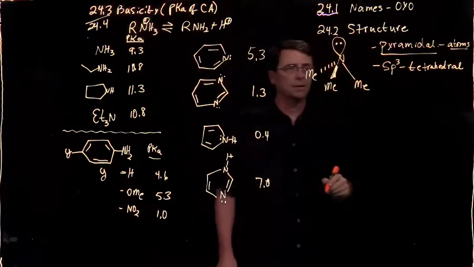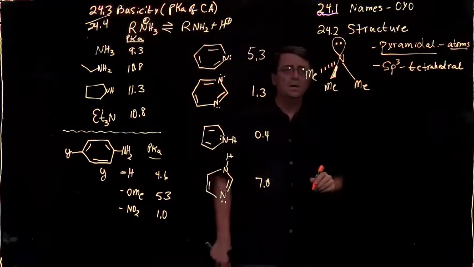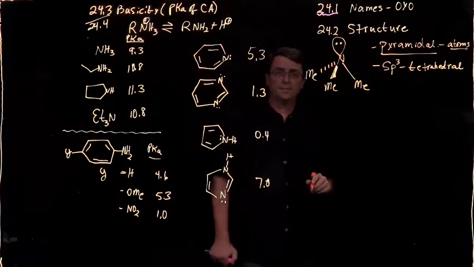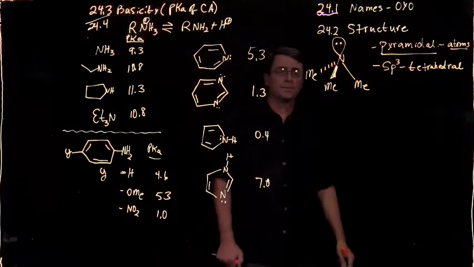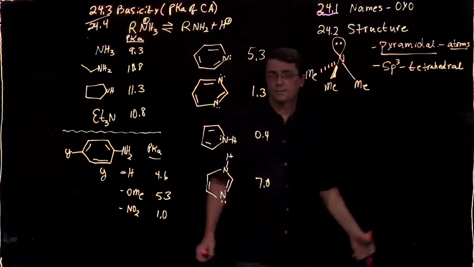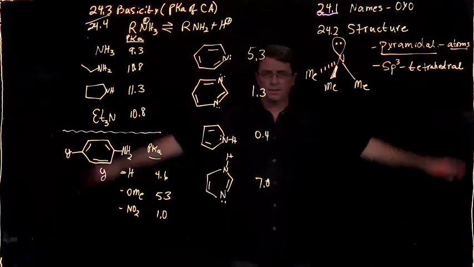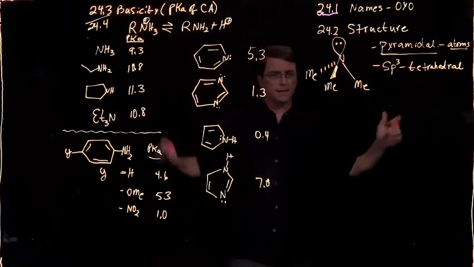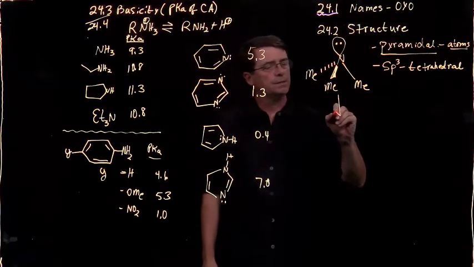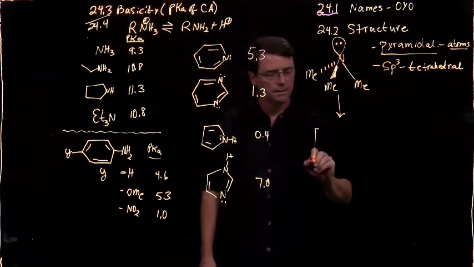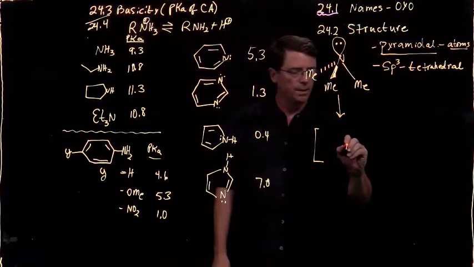Now, one of the key things to remember about amines, maybe you remember this from ammonia from general chemistry, is that they undergo the umbrella inversion. That is, the substituents go up and down, and they go through a transition state that is trigonal planar.